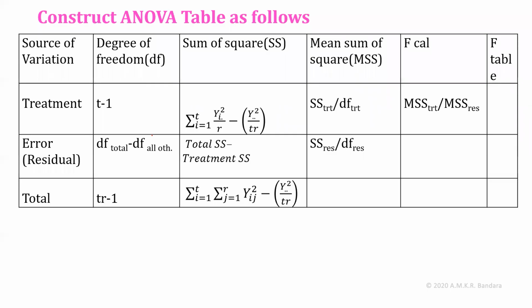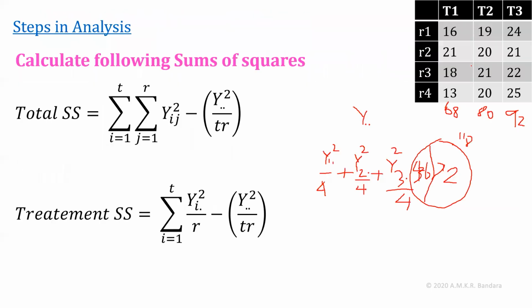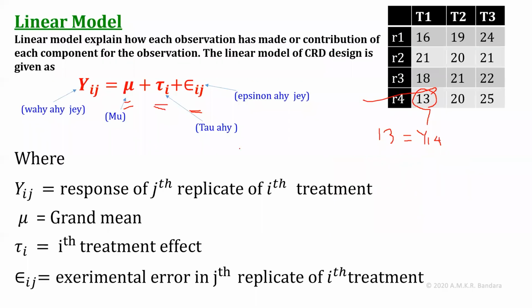The purpose of the ANOVA table is to partition this total observed variability into different components, which are represented by the linear model of the design.